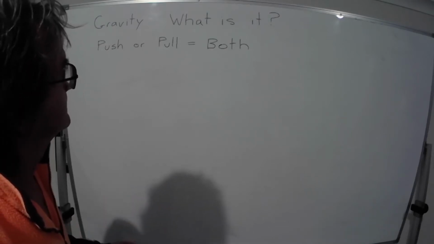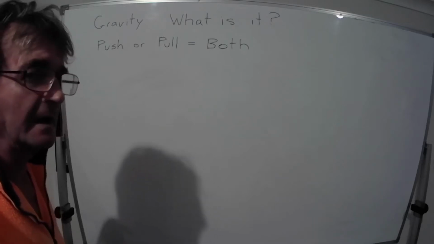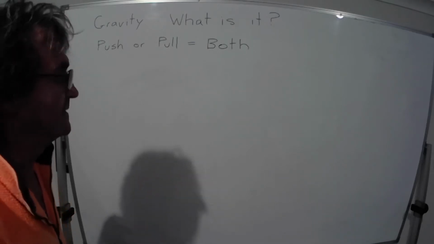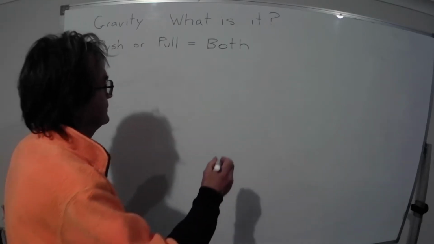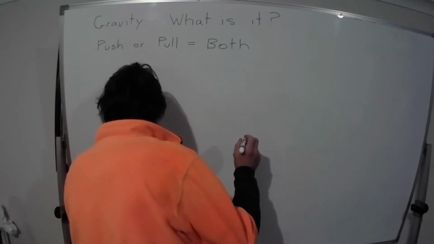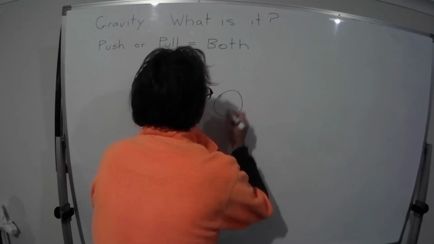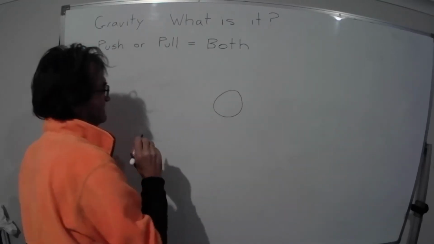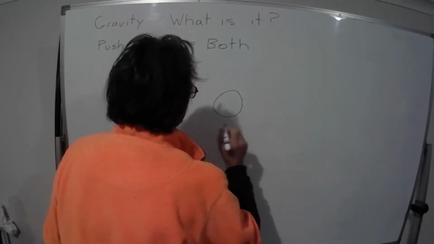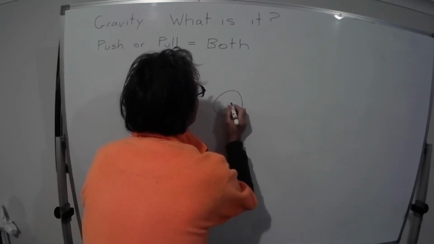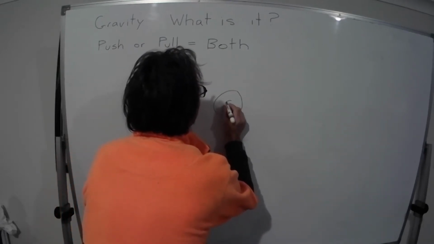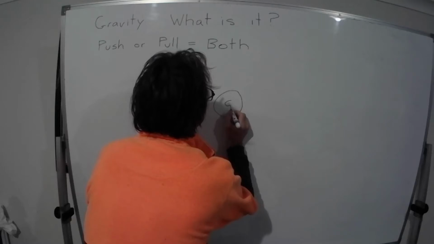So let's draw what we call a gravitational field. We'll draw a planet, an approximation to Earth. It's a bit distorted, at least it's not flat. And we'll draw a recognisable continent.